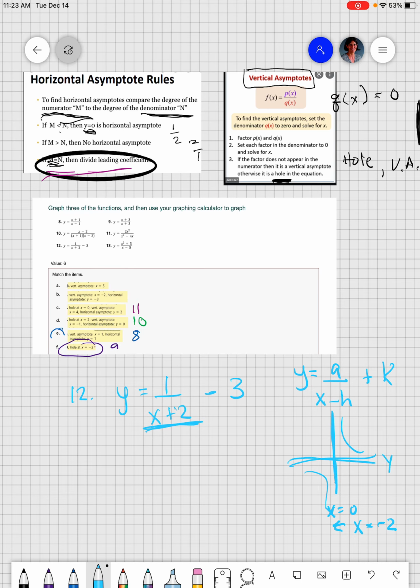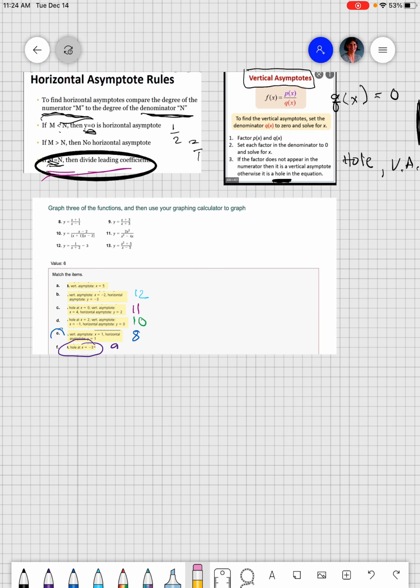And in this graph, y equals 0 was my horizontal asymptote, and this value is going to shift the graph down 3. So now instead of it being at 0, it's going to be at -3. Let's see if we have it, and we do. That's choice B. So 12, this is what I call the easy kind, because whenever we just shift it left or right or up or down, we don't even need these other rules we had at the top.